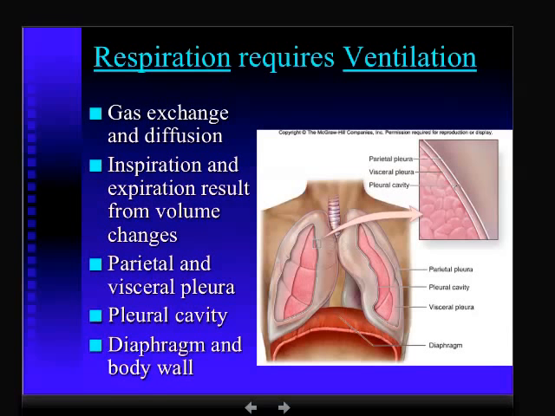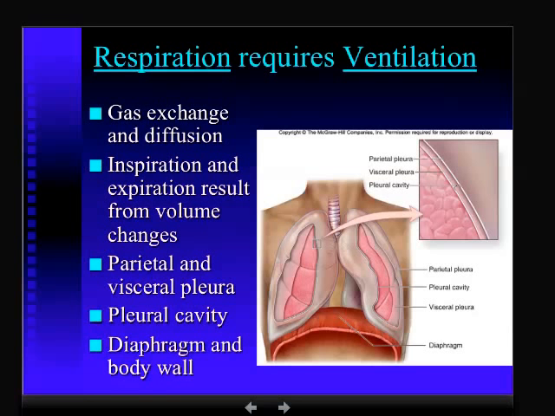They're more spread apart. I've just increased the volume and lowered the pressure. If I increase the volume, it results in a proportional drop in pressure. And that's how the system's going to work.